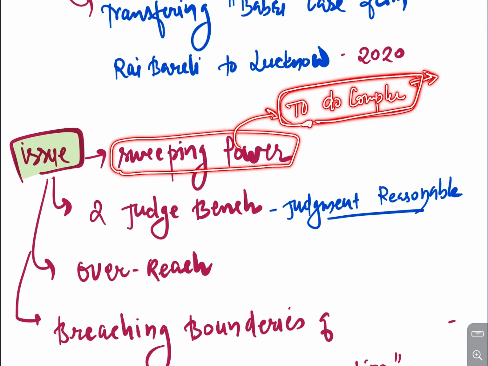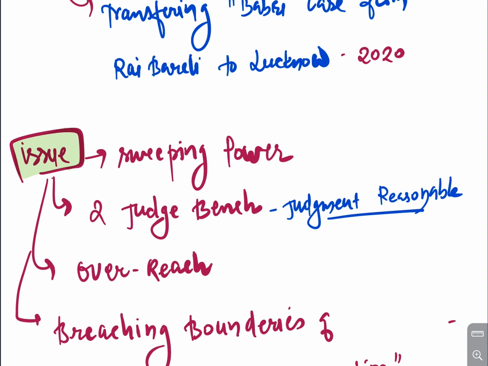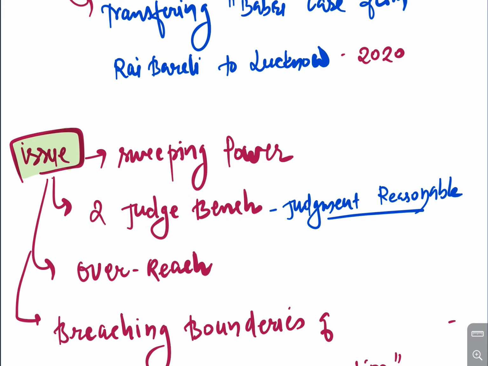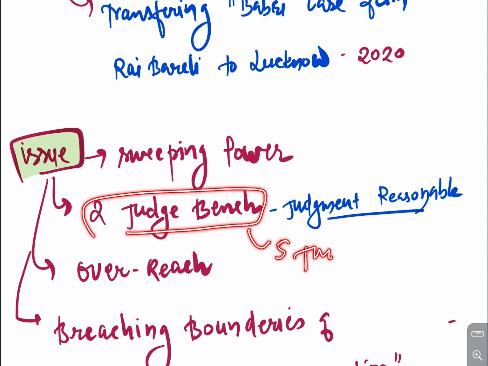Because of this, the Supreme Court has been bestowed a lot of power which can be used in any case. Again, some criticize that cases under Article 142 are handled by a two-judge bench, which can sometimes give unreasonable judgments. So in order to make the judgment reasonable, there should be at least a five-judge bench.